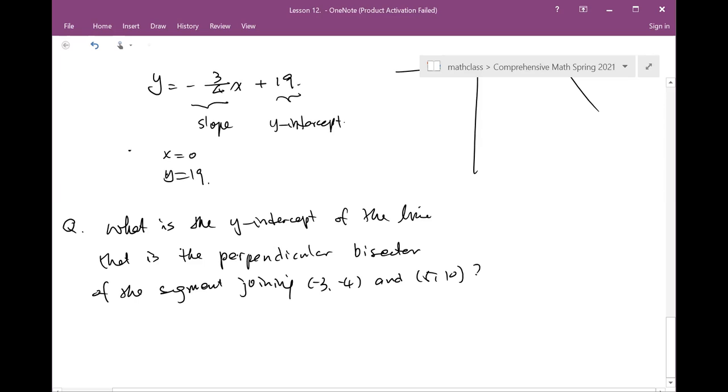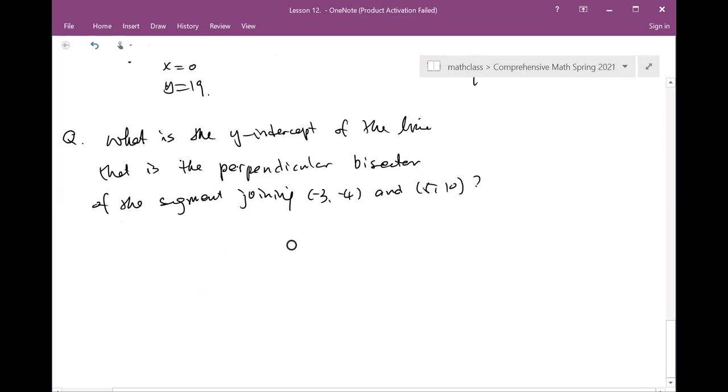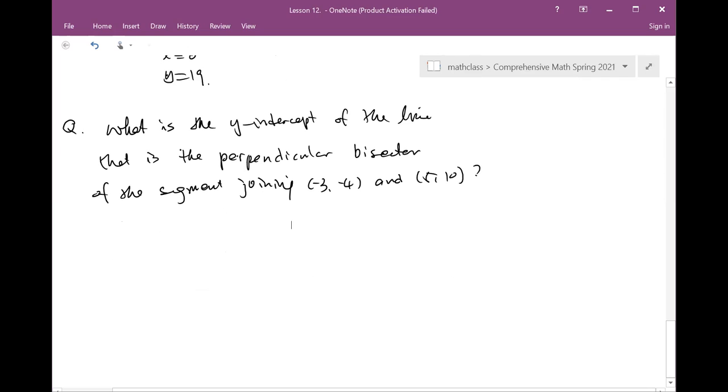So basically, you have to find the equation for the bisector, then you get a y-intercept automatically, right?